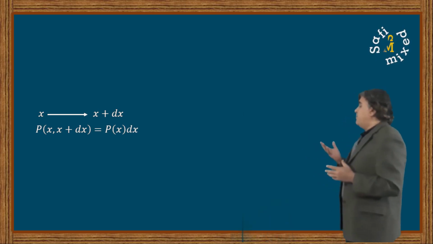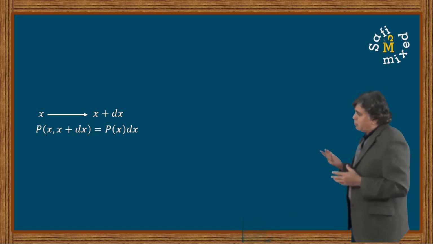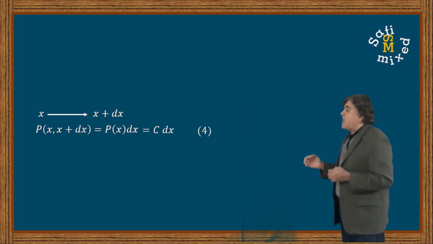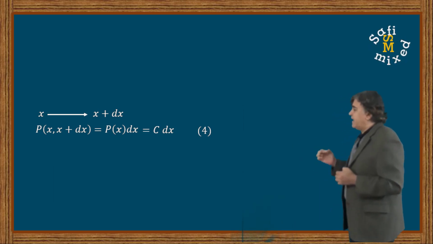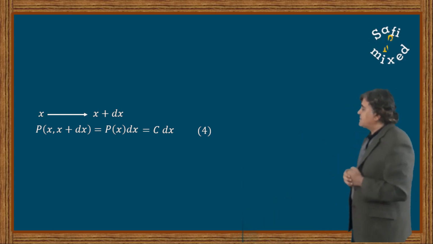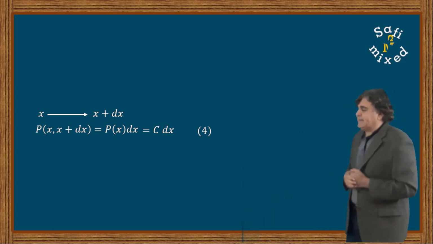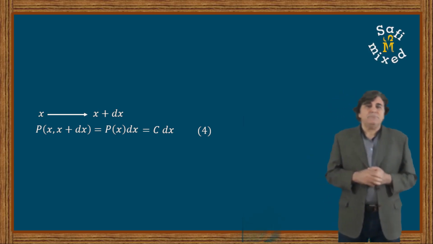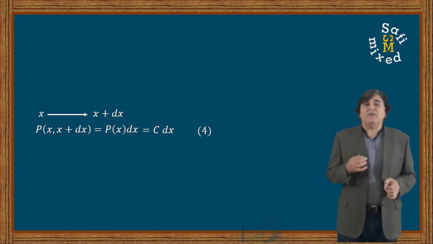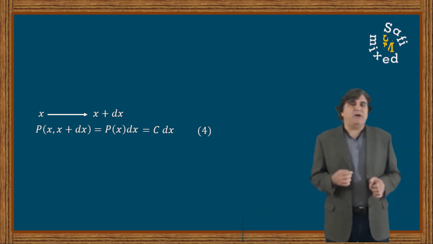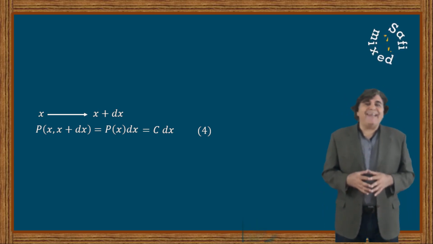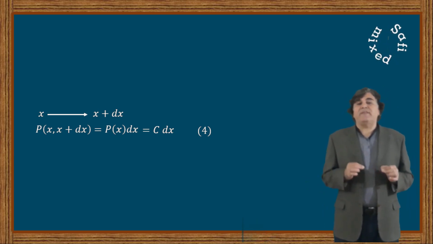Since the velocity of the particle is constant, this probability P(x) must be a constant, and if I represent that constant with capital C, I can write this side of the equation as C times dx. C must be a constant because of the constant velocity of the particle. In other words, the particle spends equal intervals everywhere within the well.